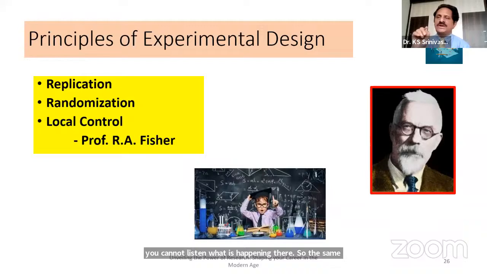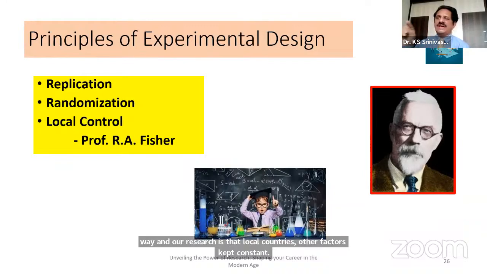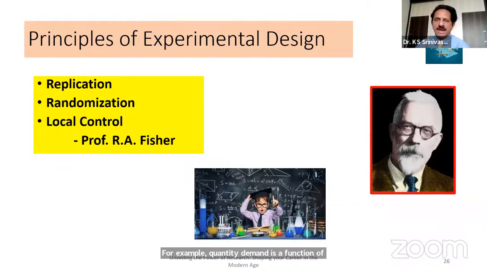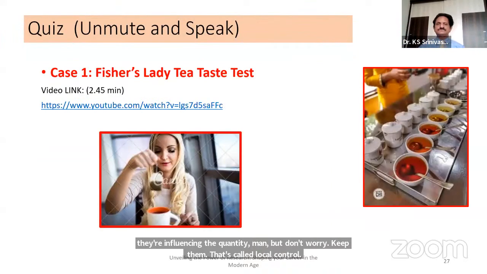For example, quantity demanded is a function of price, which the economics teacher teaches you. Keeping other things constant, in Latin it is called ceteris paribus. Maybe the other factors influence the quantity demanded, but don't worry, keep them steady. That's called local control.